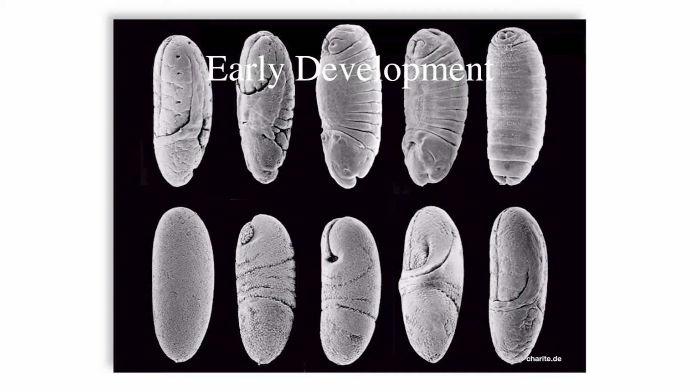Knowing the stages, identifying them, measuring them hundreds of times, now gives us a time scale or value for how long it takes to go from embryo to first instar, etc.